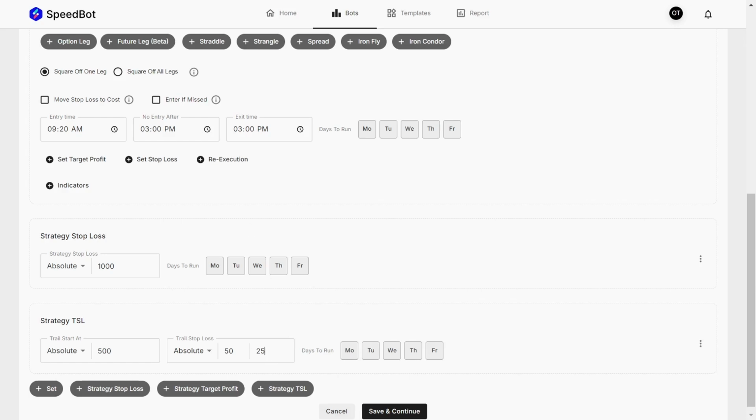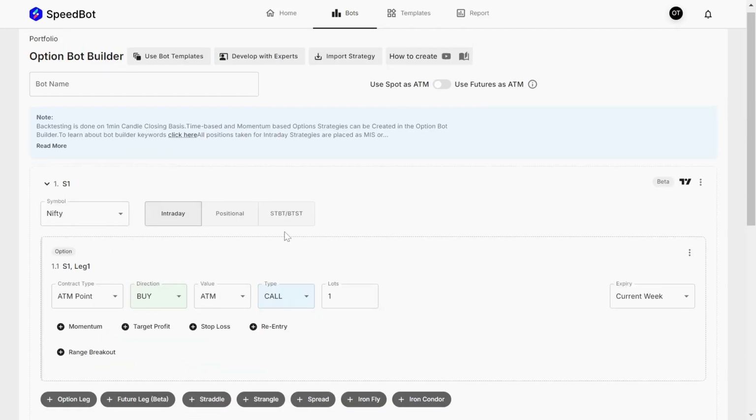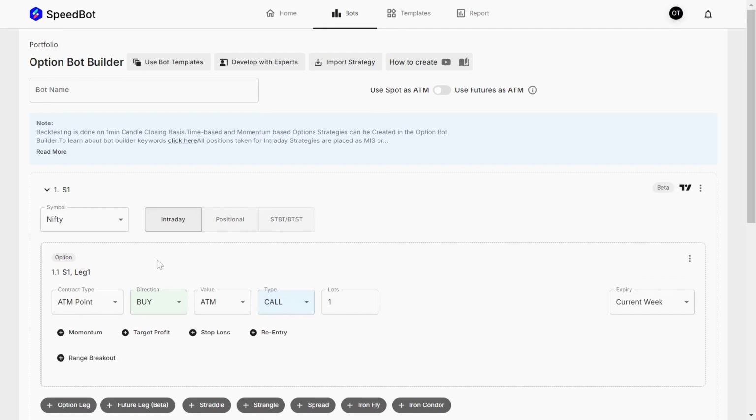That is, it will come down to 975, and likewise. This is how I'll be able to mitigate my risk on the strategy level basis. I can add multiple sets in a particular strategy. It could be for Nifty, Bank Nifty or Fin Nifty, right? I hope this answers your question, Mr. Prem.